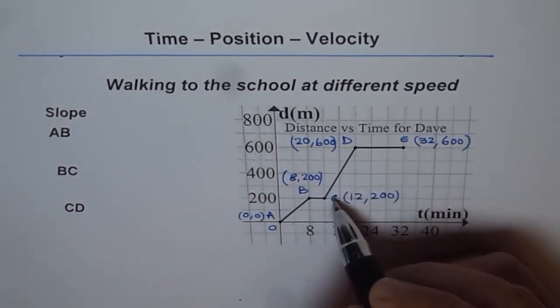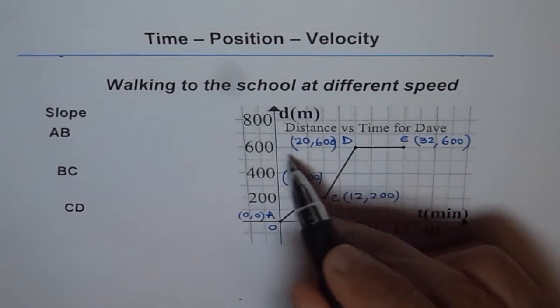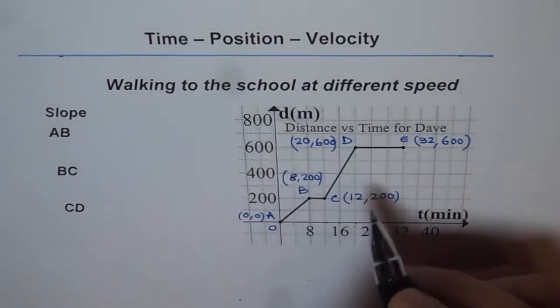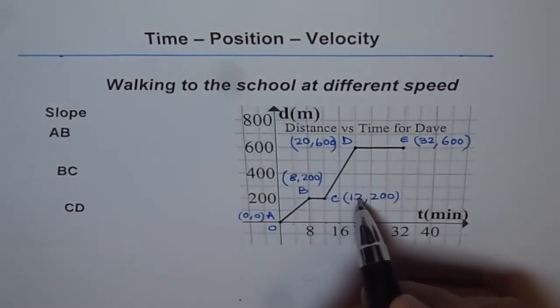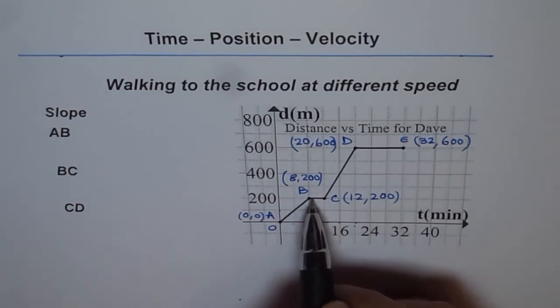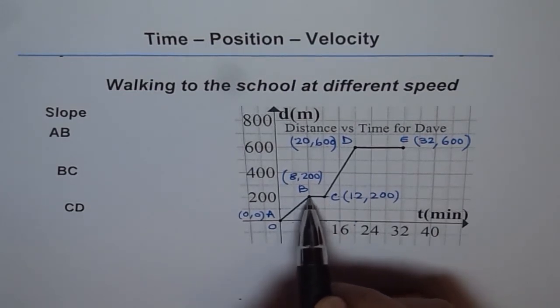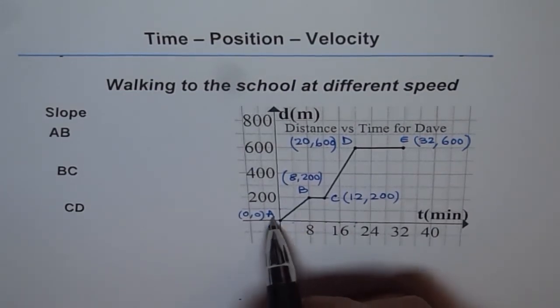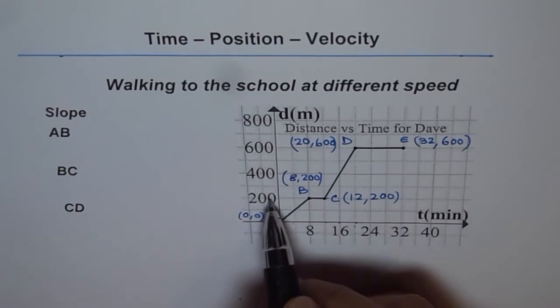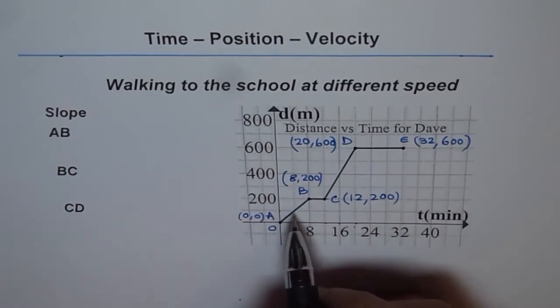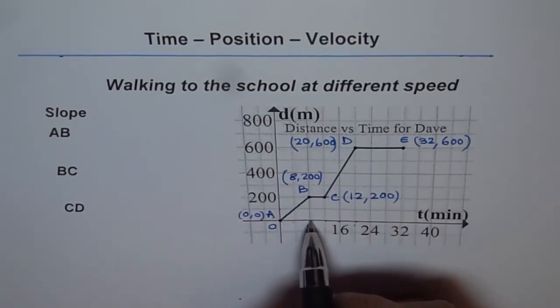So along the leg CD, the distance of 400 is covered in 8 minutes. Along BC, distance moved is 0, so he's just standing at a point, therefore the speed is 0. From A to B, distance covered is 200 meters in 8 minutes, right?